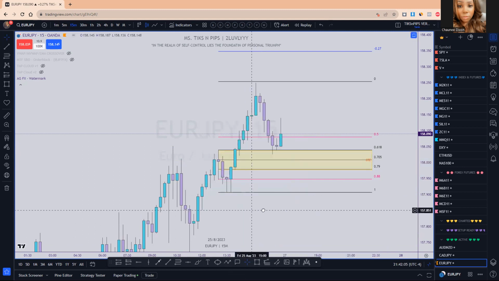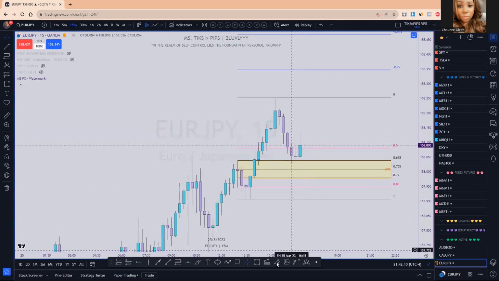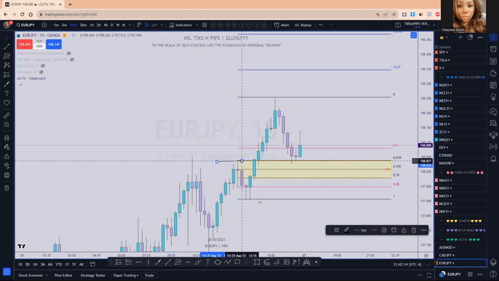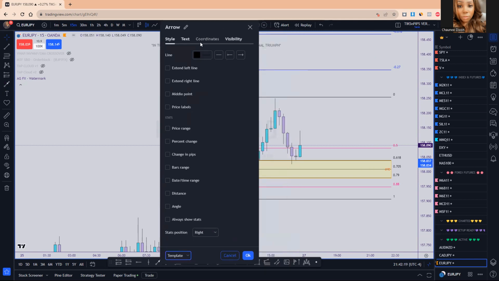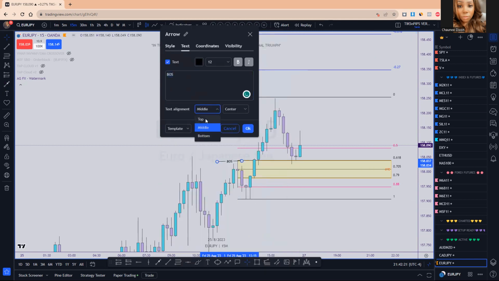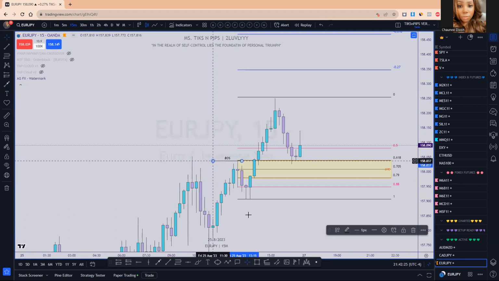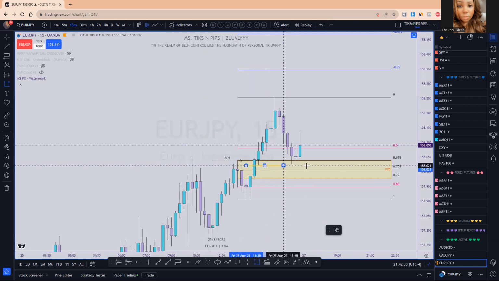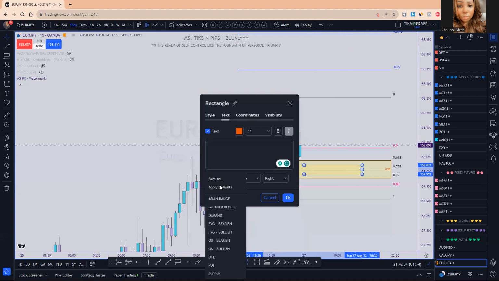what you also would want to be looking for is the other characteristics that we talk about when we look for entry. So you would want the break of structure. Okay, so we got our break of structure. And then y'all know me, I always look for a fair value gap, which is smack dab in the middle of the OTE area.